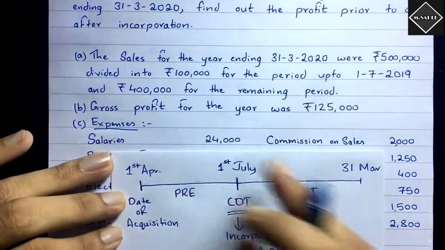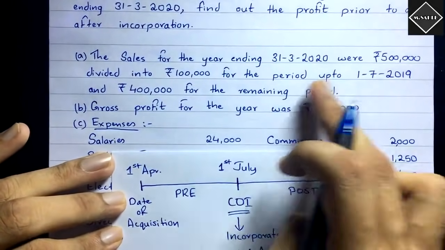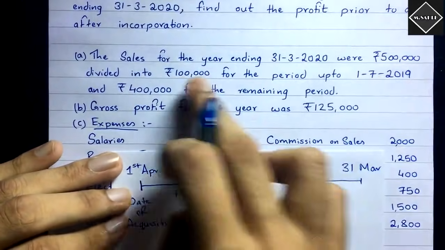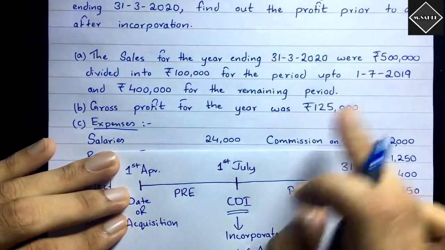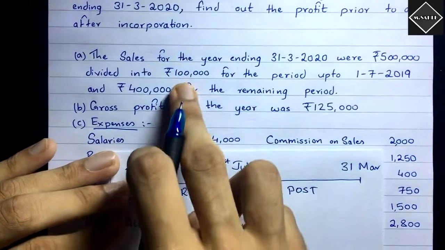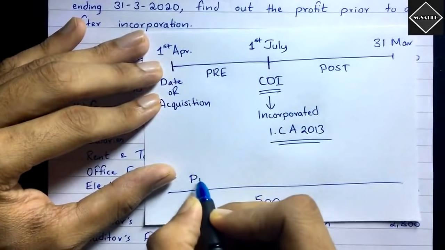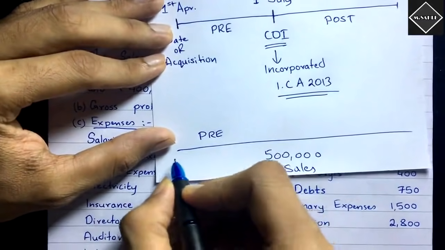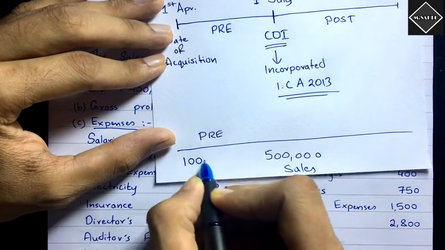So now let's see, divided into 1 lakh for the period up to 1/7/2019. Here they have directly given us the sales up to July 1st, that is the pre-period sales, 1 lakh. So for the pre-period we have got 1 lakh sales. Yes, so 1 lakh sales go to the pre-period.